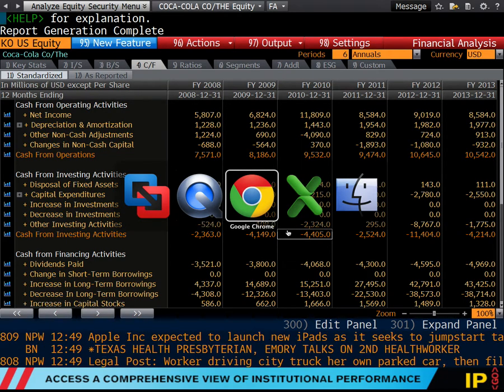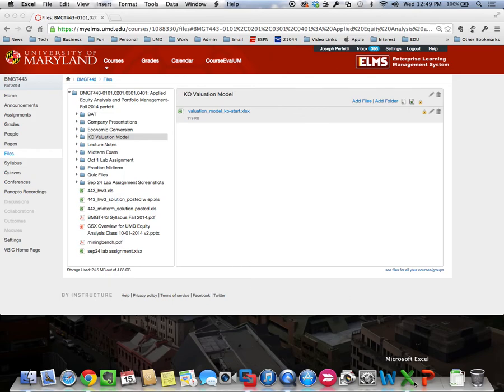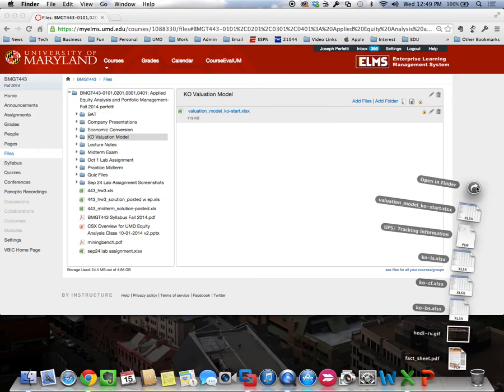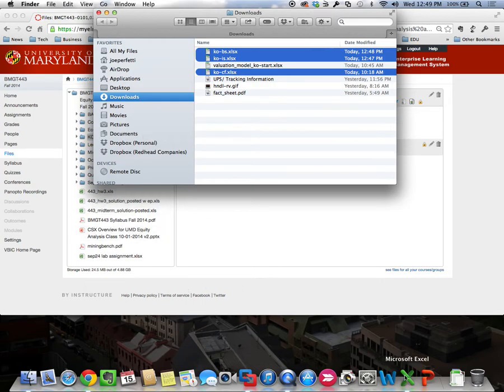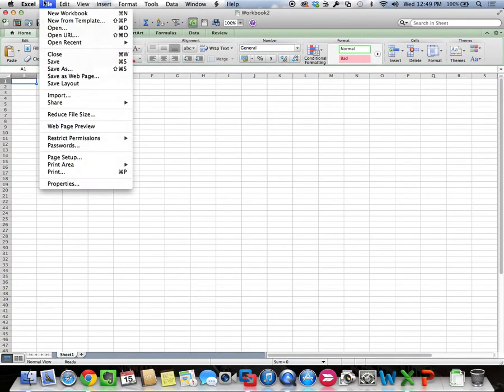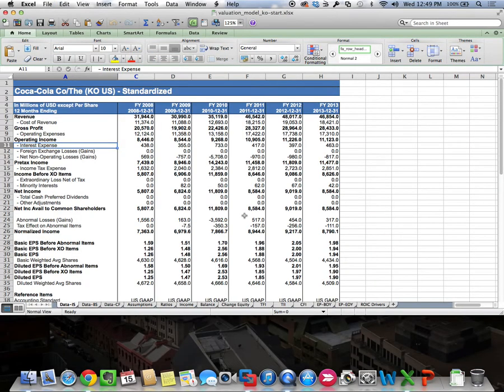Now, why did I do that? Well, if I go back to, and I'll put them online into this folder, so the files are there just so you can have it as a reference. All right. So if I go back to Excel, then I have this file that I gave you.